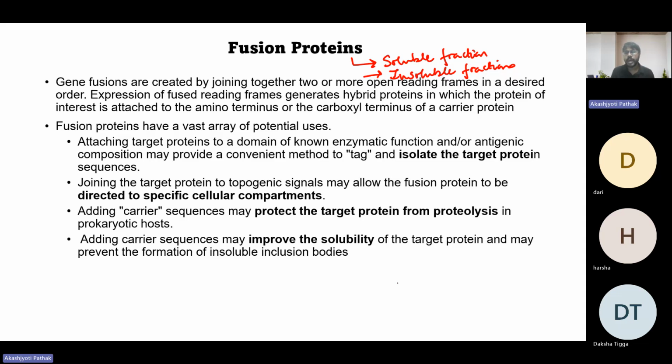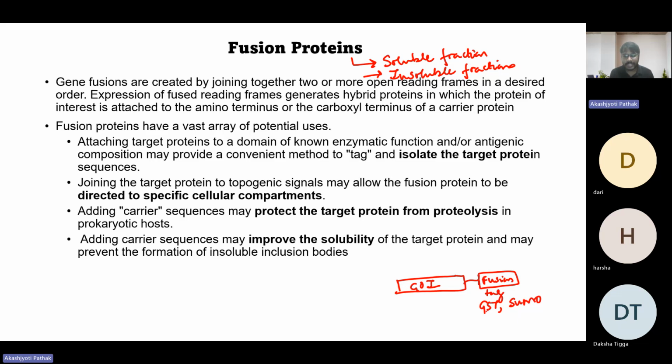So if you have your gene of interest, which will express your protein, and, for example, the protein that is getting expressed is coming in your insoluble fraction, then what you can do is add a fusion tag to your gene of interest. So this is your fusion tag. There are different types of these. What are these fusion tags? It can be a GST tag. It can be a SUMO protein tag.